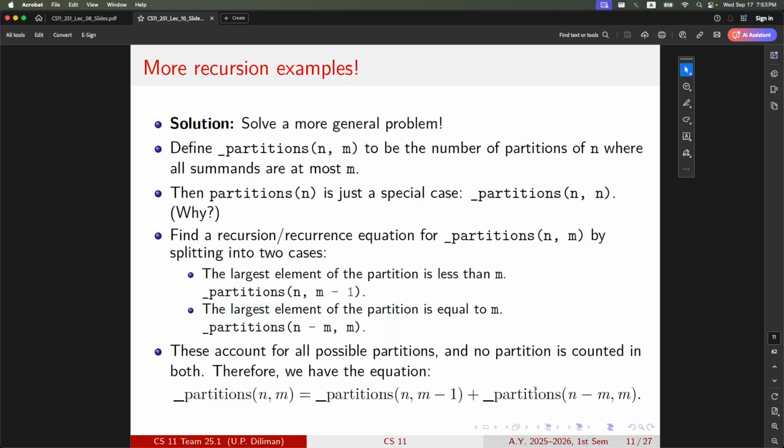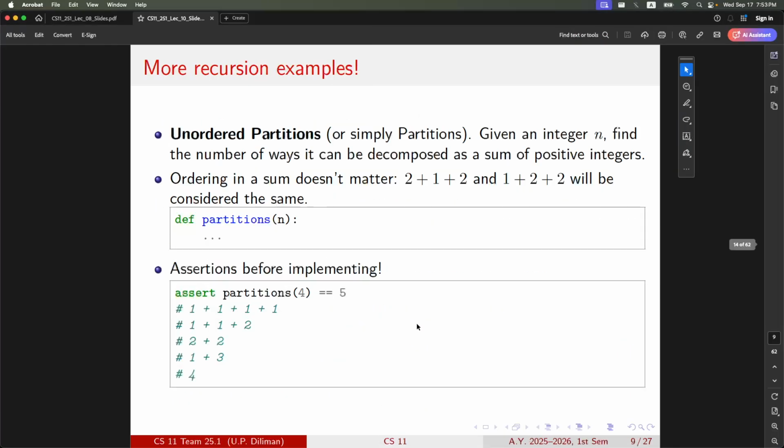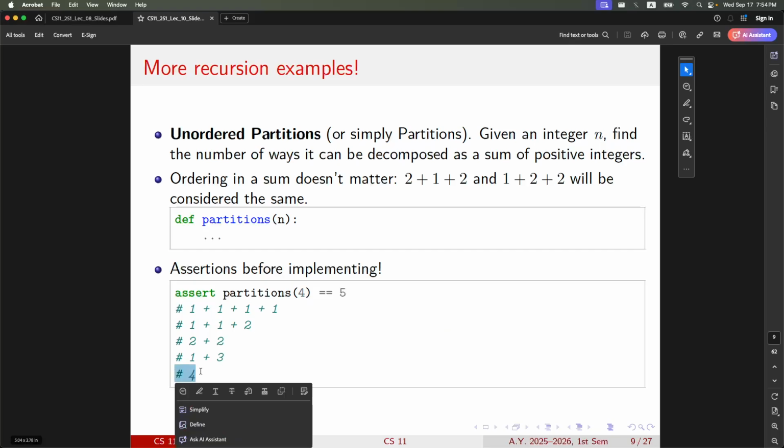So we have the following equation. So let's write that down. Let's go back to our example here. In the case of partitions 4, all the partitions that have a maximum summand less than 4 are these partitions. And all the partitions that have maximum summand equal to 4 are these partitions, only one partition.